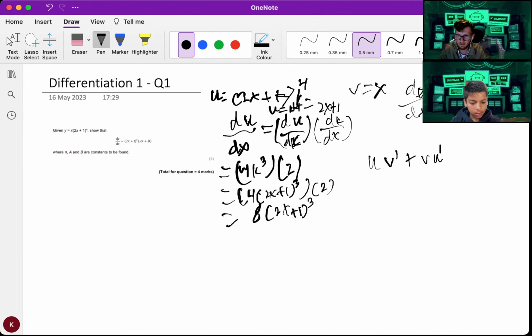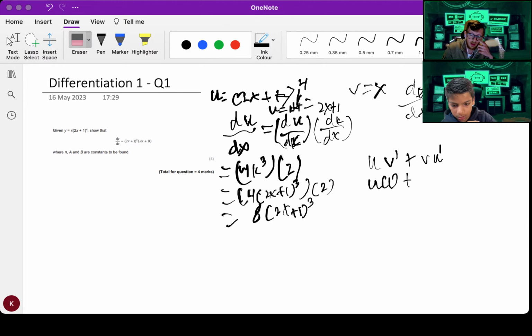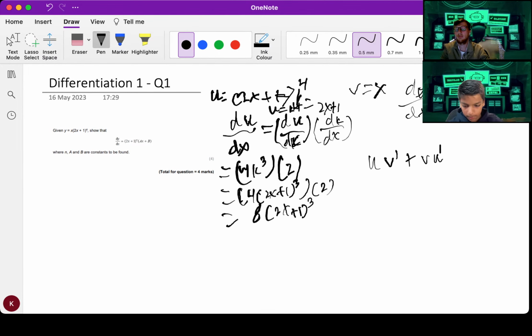We know what they all are now, so we can just plug them in. u is (2x plus 1) to the power of 4 times the derivative of v, that's just 1, so just leave it like that.